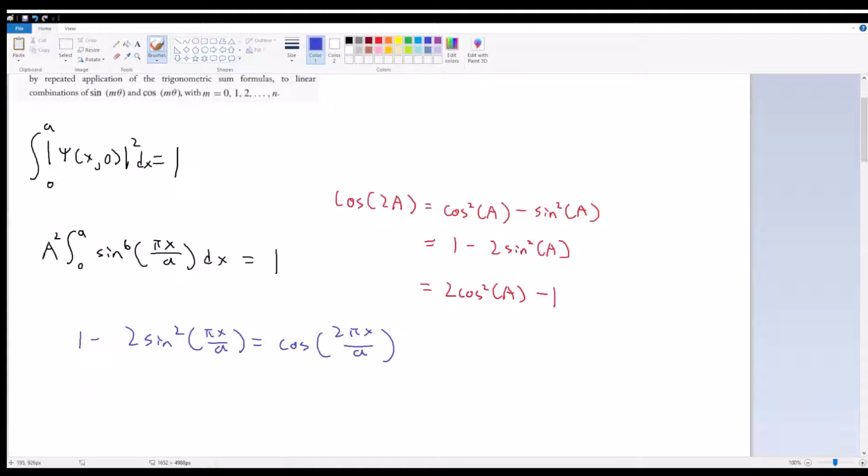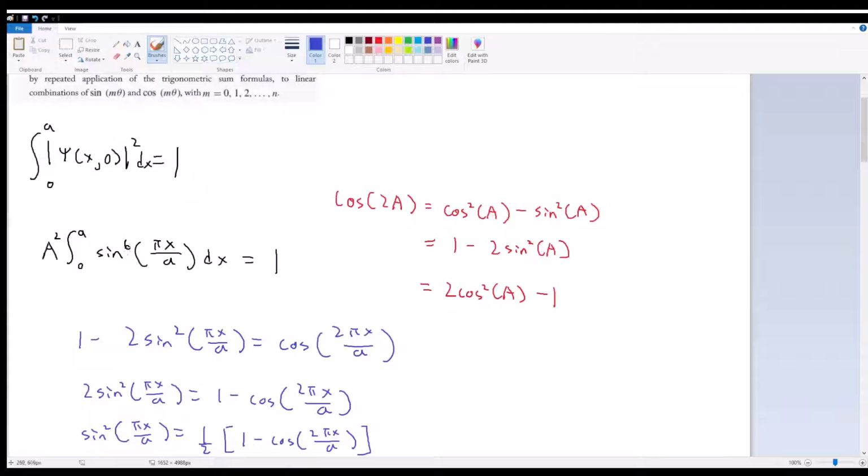If I move things around, I get that 2 sine squared of pi x over a is equal to 1 minus cosine 2 pi x over a, which means that sine squared of pi x over a is equal to 1/2 times 1 minus cosine 2 pi x over a.